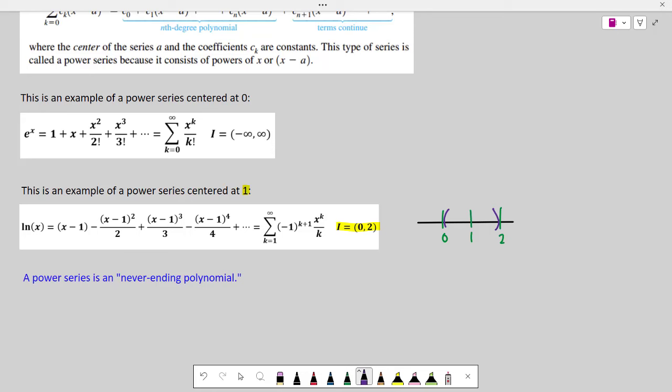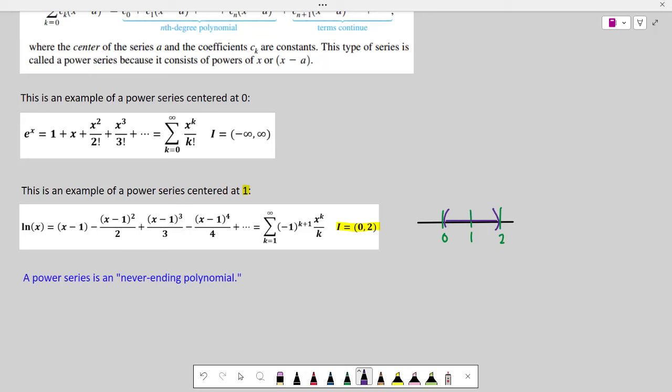If the interval of convergence isn't all real numbers, it will always be symmetric around the center. Moreover, the numbers that cause the series to converge will always be connected. There's not going to be some numbers here and then a gap where it diverges and then some numbers over here. The interval of convergence will always be connected all the way through. So it diverges everywhere on the outside and converges everywhere on the inside.